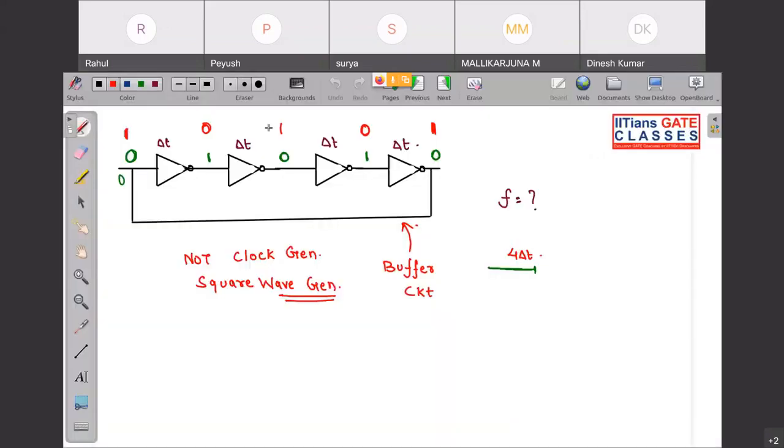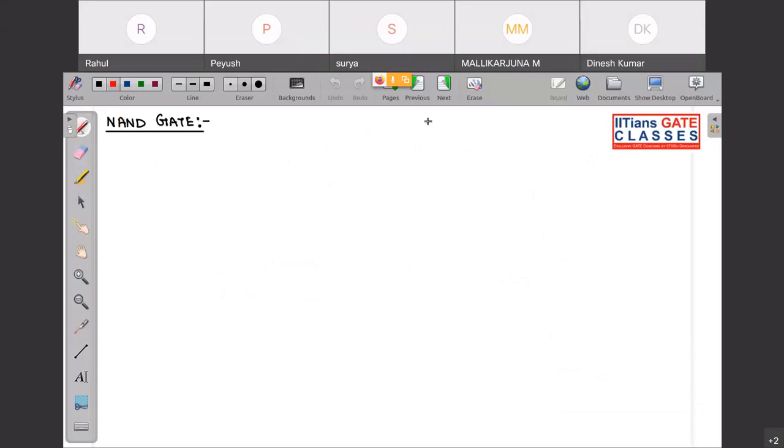Okay, so now then let us move to your NAND gate. Okay, NAND gate. So now NAND gate is what? It is basically your universal gate. Now why is it called universal gate? We will see. Now the symbolic representation of NAND gate, sorry, this I was drawing NOR gate.